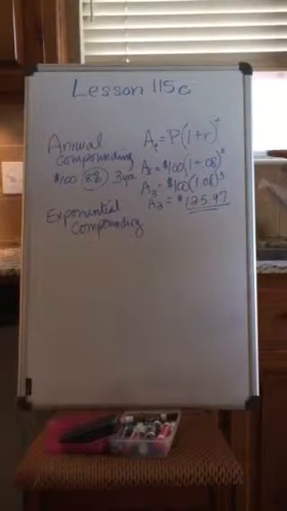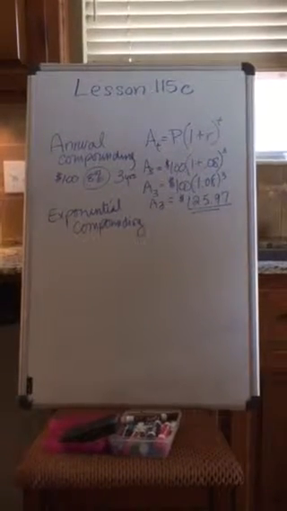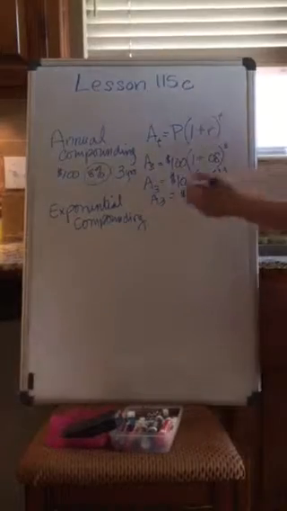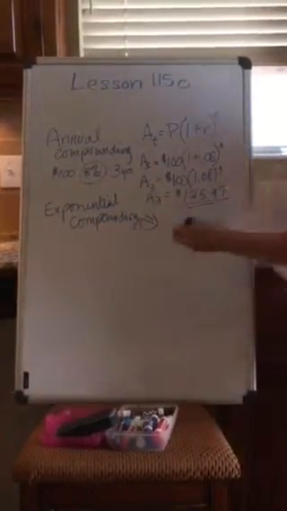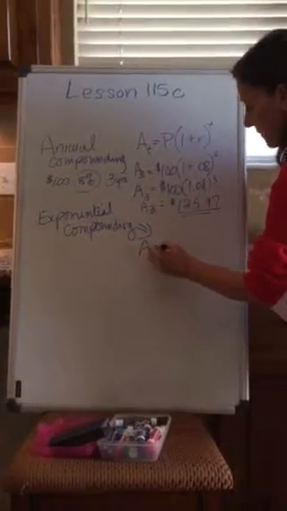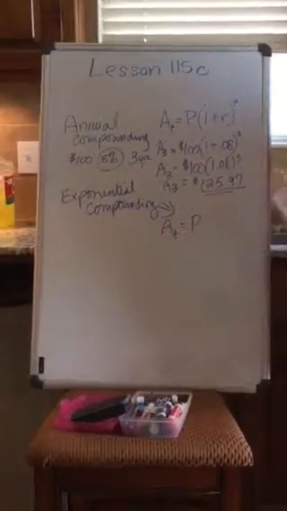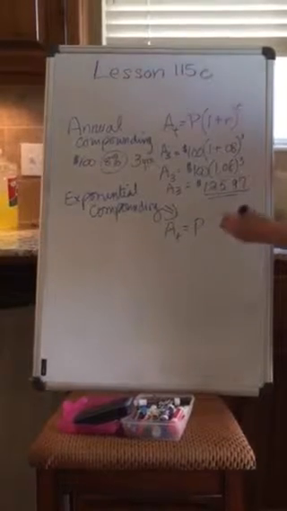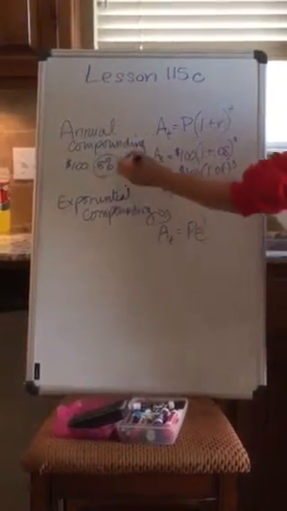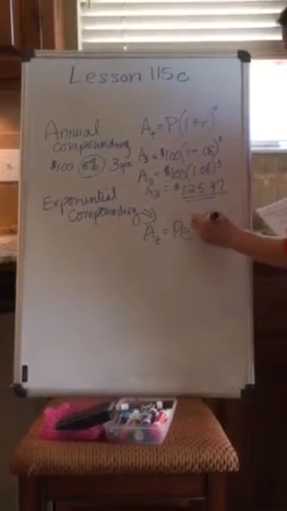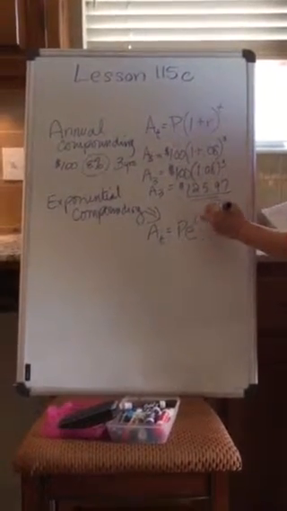Let's take this same scenario. The formula for exponential is the amount over time is the principal, and just as we did with bacteria, we're going to have e, raised to the 0.08, that's our rate, times time.